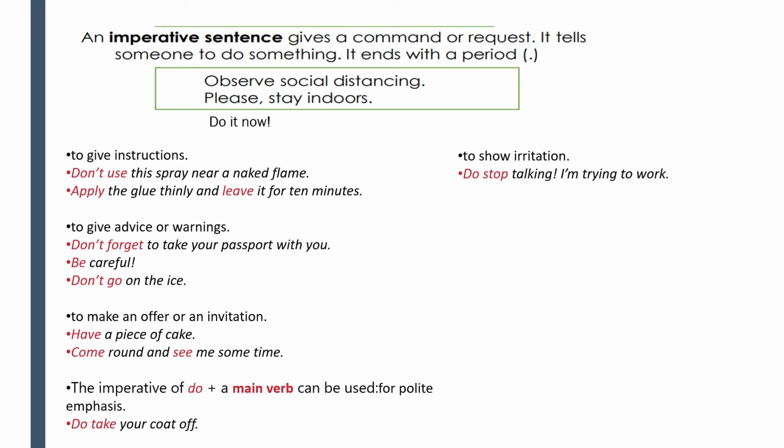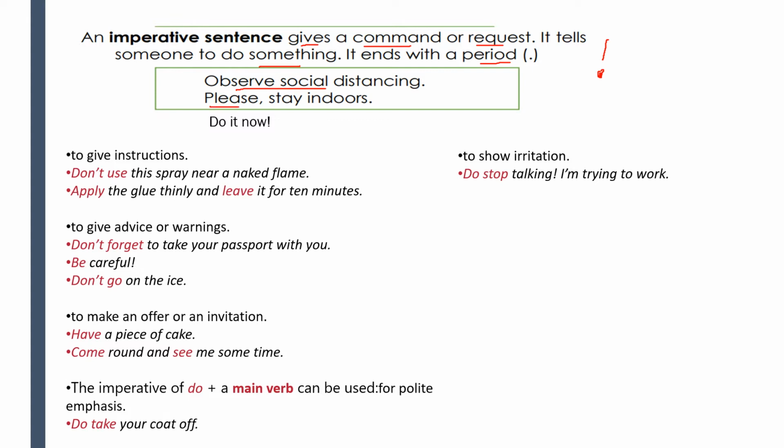What is an imperative sentence? An imperative sentence gives a command or request. It tells someone to do something, and it ends with a period or sometimes an exclamation mark like this. Example, observe social distancing.